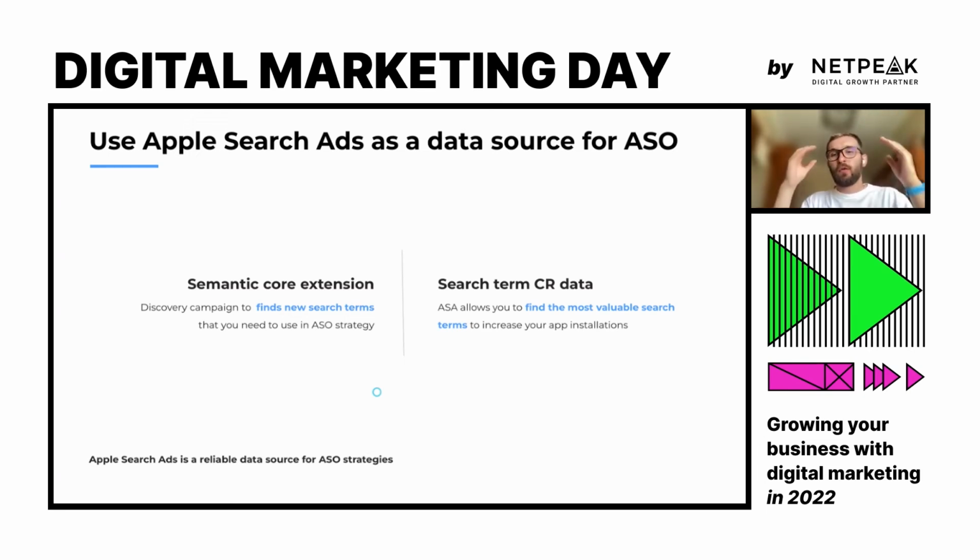That means, for example, when you have 2 keywords with the same visibility, but one keyword has 10% conversion rate and another keyword has 40% conversion rate. With the same visibility, you will get 4 times more installations using, in your App Store optimization strategy, keywords with a high value, with high conversion rate.